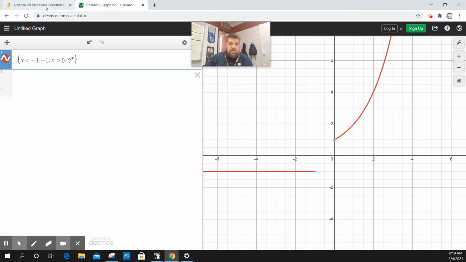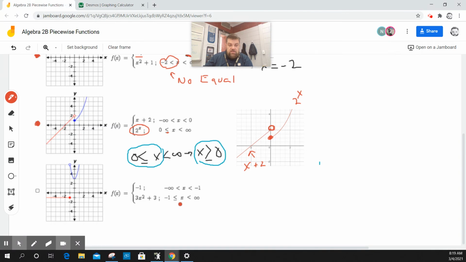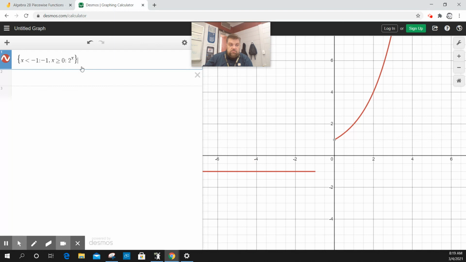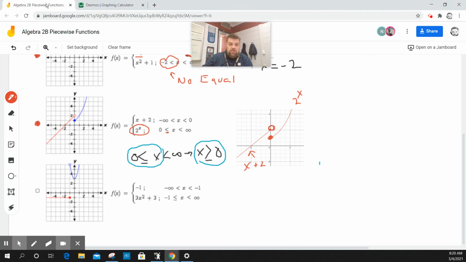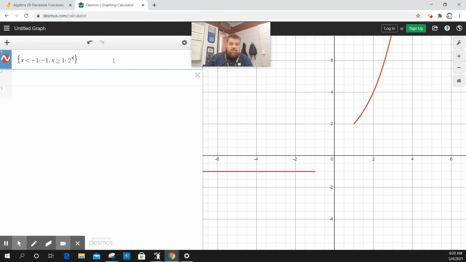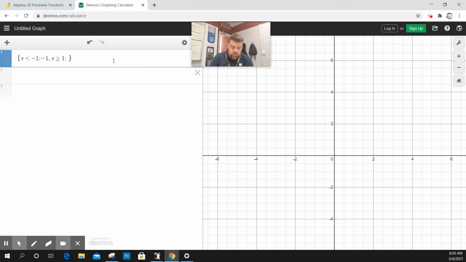All right, and then the boundary is including 1. So this is going to be x is greater than 1. And 3x squared plus 3. So I'm going to put in here 3x squared plus 3.